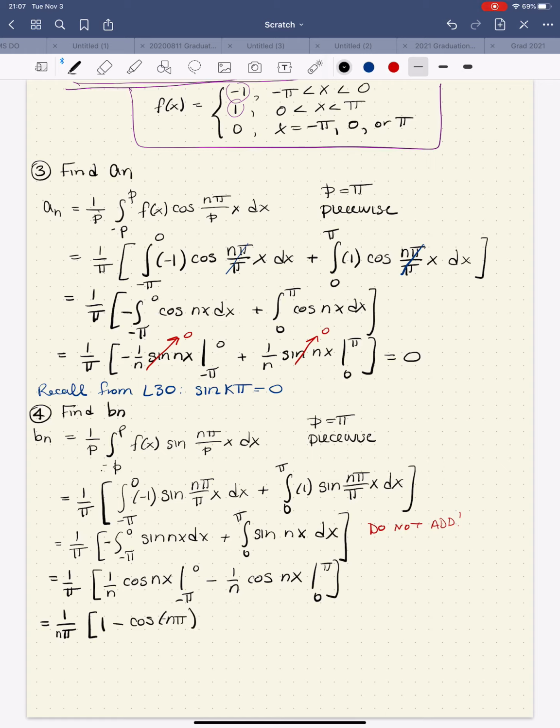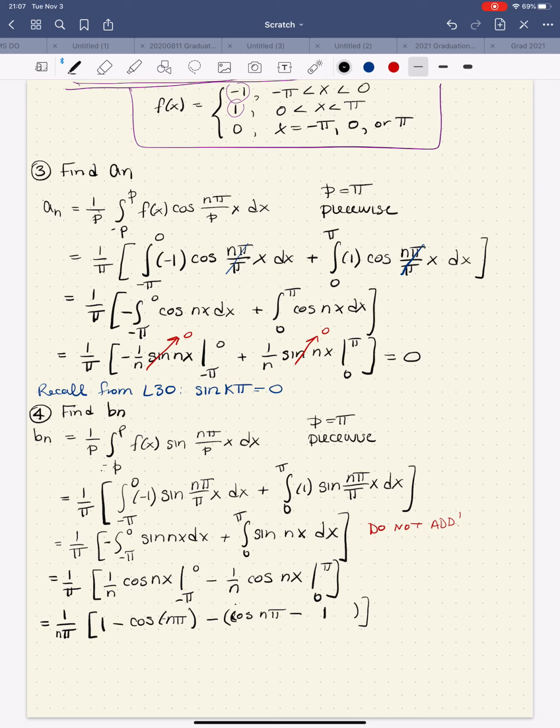I'm going to leave this in the unevaluated form for now, minus, okay, so I'm following my formula, and then I have cosine of n pi, and let me put parentheses around here because I need to subtract, minus cosine of 0. Okay, so I will just go ahead and replace cosine of 0 with 1, because we know that's 1.